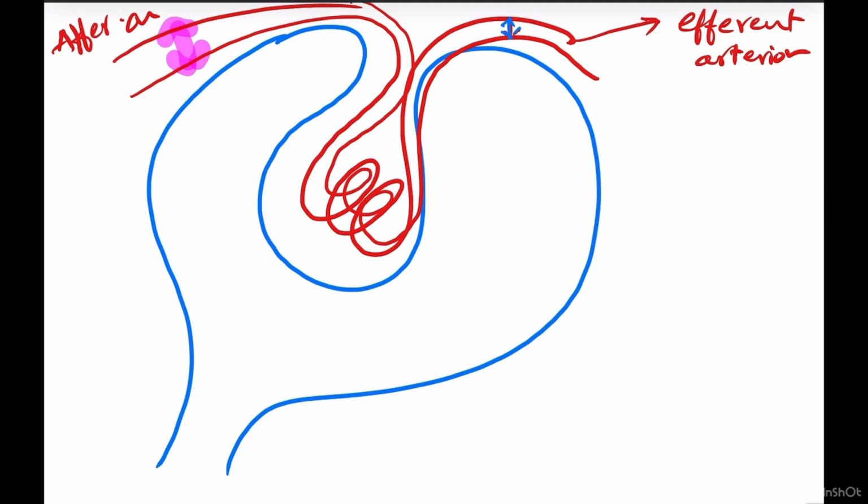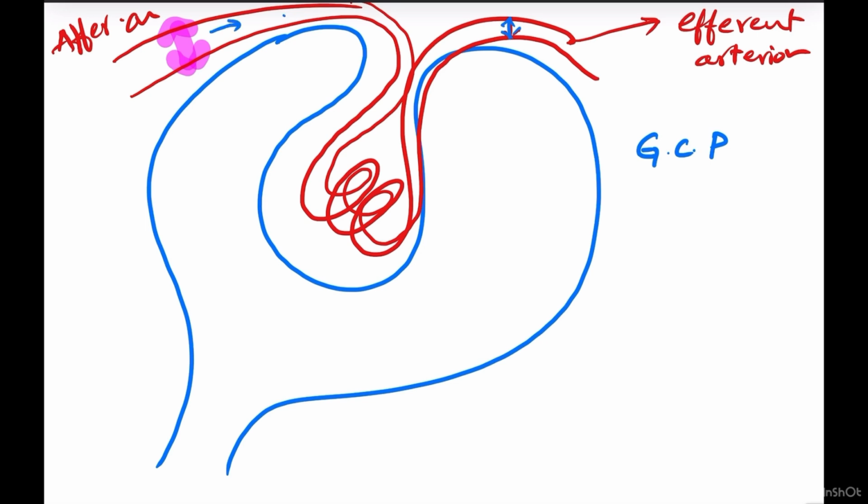Now the first pressure is called glomerular capillary pressure. It is mainly created by the different diameters of the afferent arteriole and efferent arteriole blood vessels.